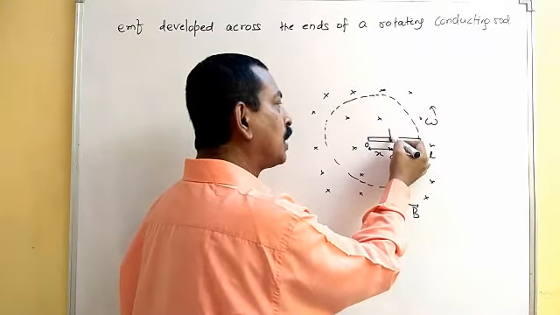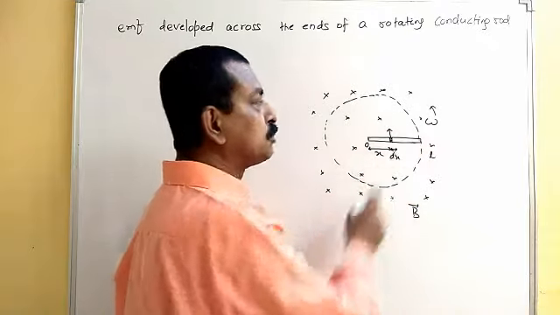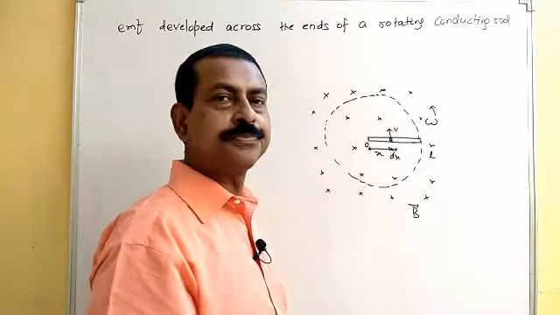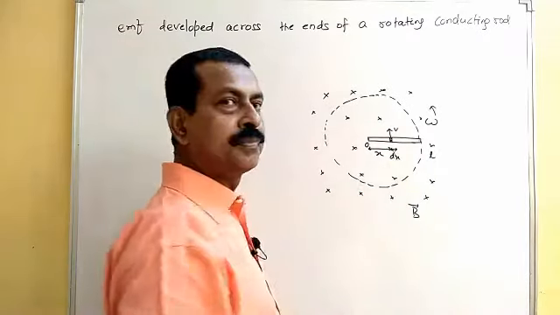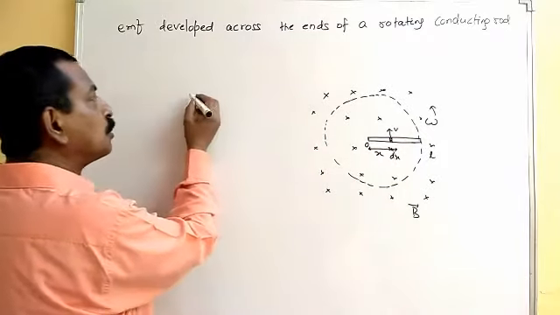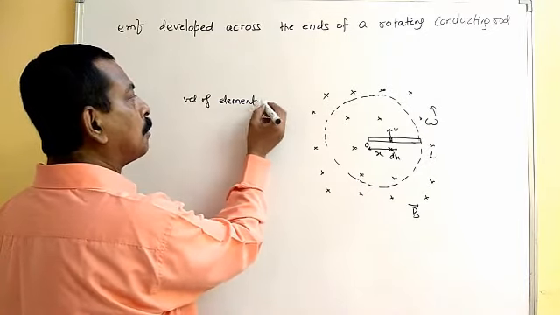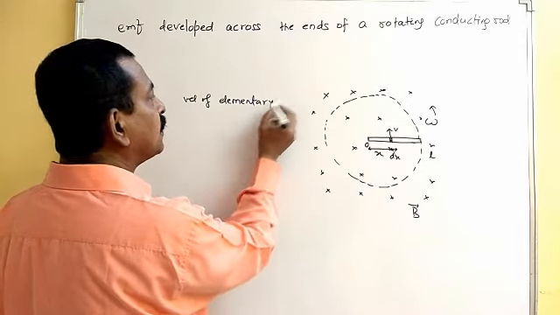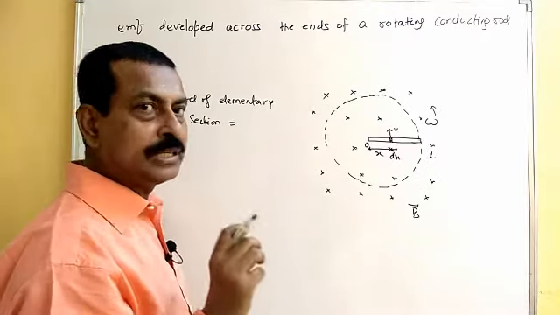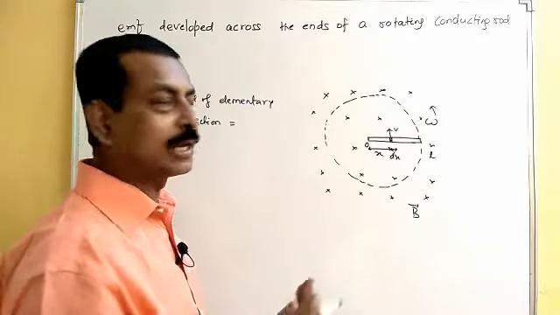Because the rod is rotating with angular speed omega, this elementary section will have some velocity, say v. We use the formula v equals r omega.